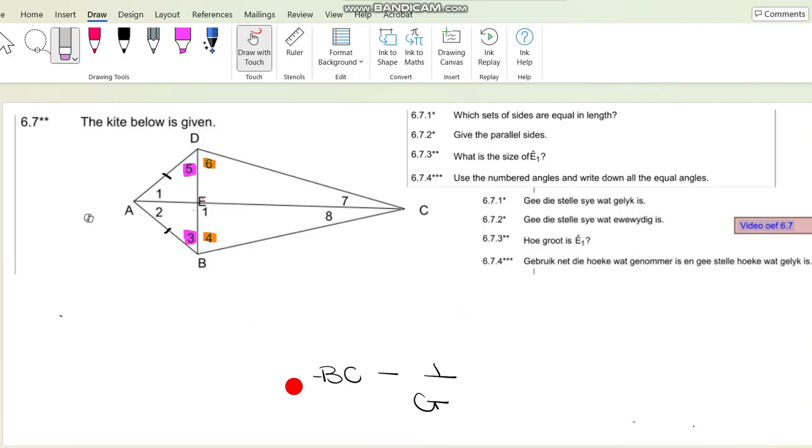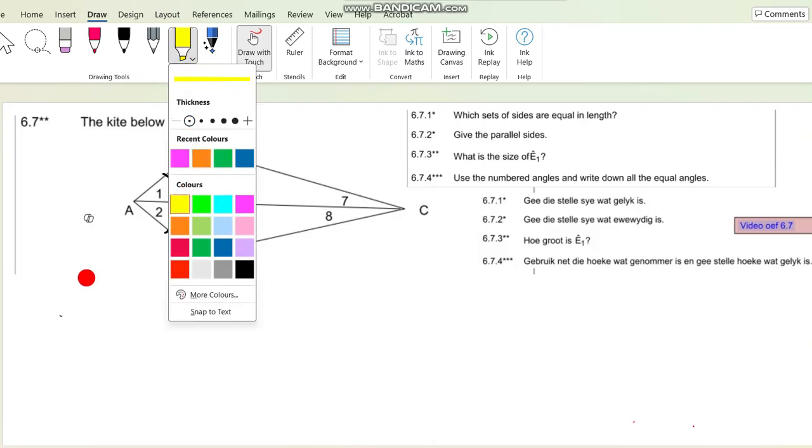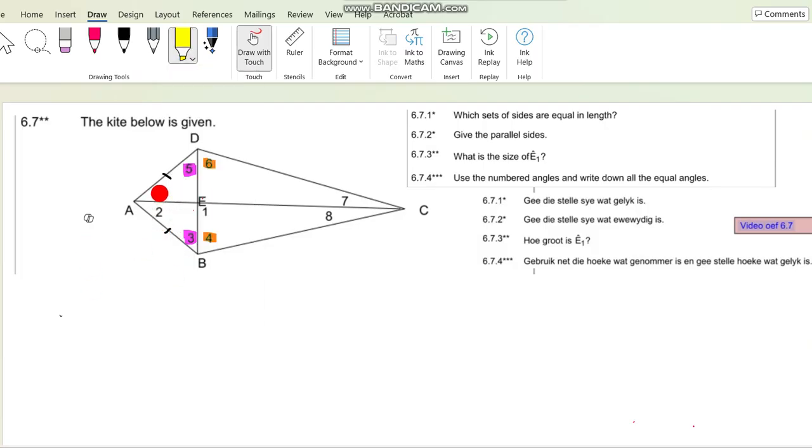Then get all that out of the way. Okay. Then we look at another angle, new color. Let's look at A1. So A1 would be equal to A2, and why?